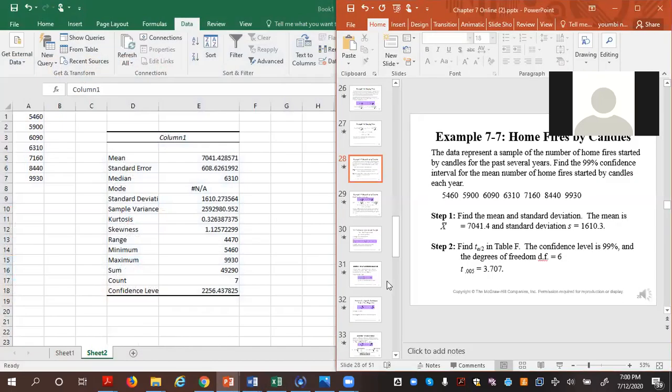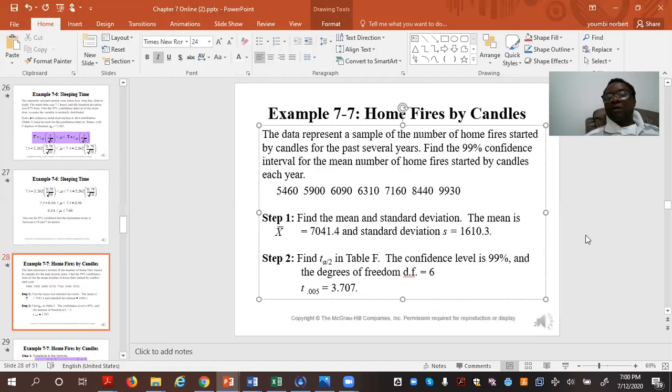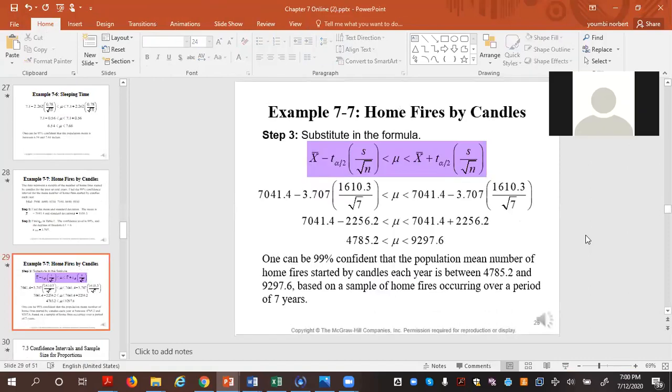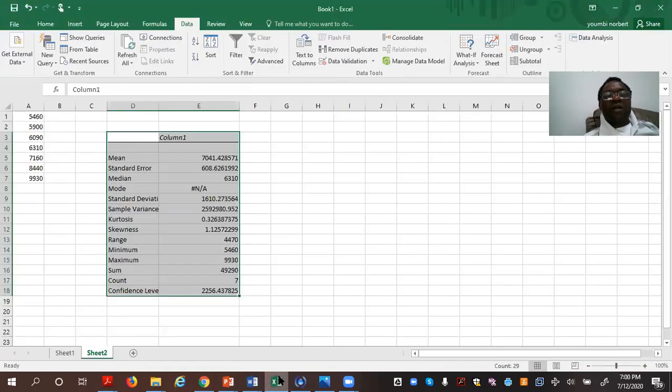Now, what we just did, did we just solve the problem? Did we solve the problem? Let me say we find the mean and the standard deviation. Let me check. What is the mean there?